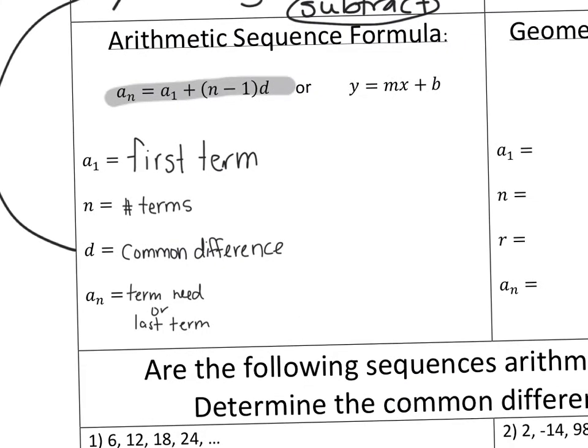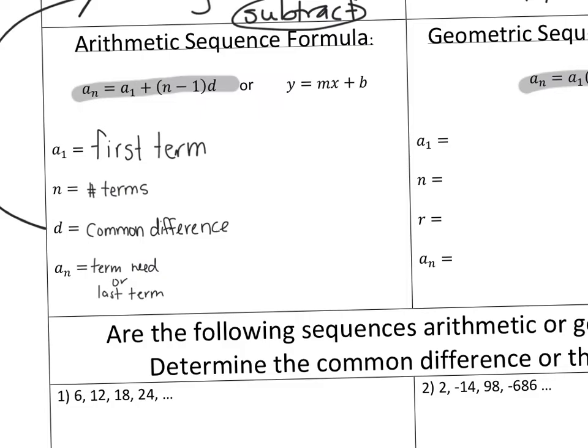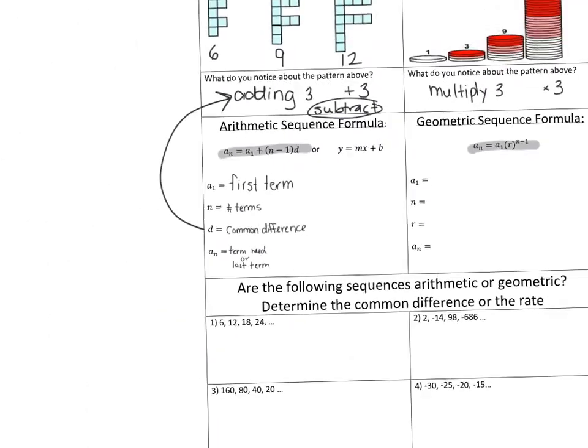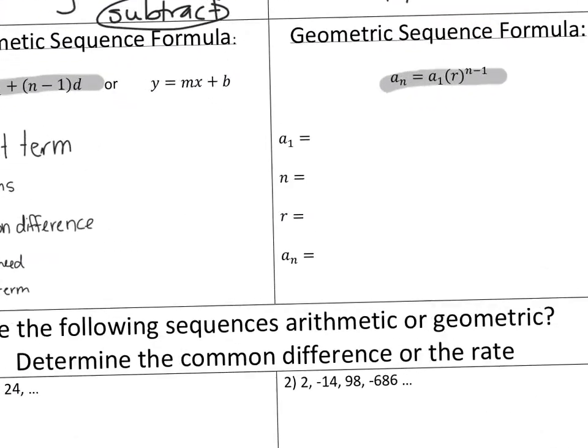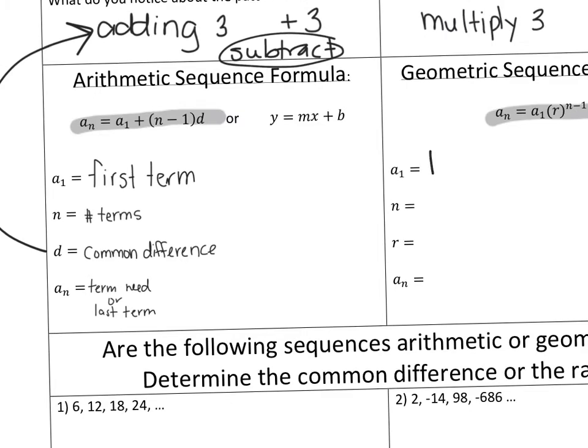Okay, so over here, if you noticed with the geometric, they're similar, but they're not all the same. So this still represents the first term. Your A1 is what you need. This is still your number of terms. And this is still the term you need.